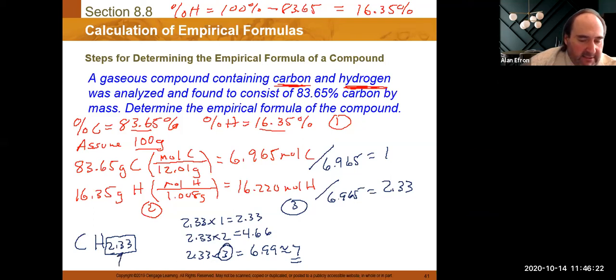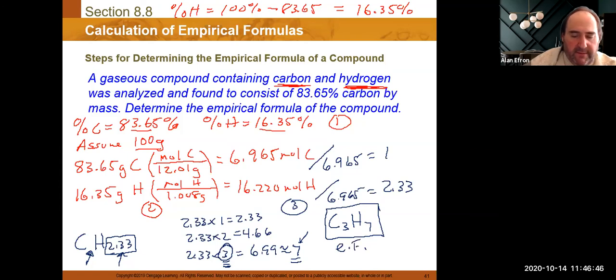Again, not just this one we need to multiply, but we need to multiply this one by it as well. And again, we're not multiplying by 7, we're multiplying by 3, which is the factor that we need. That would give us C3, 1 times 3, H 6.99, which is close enough to round to 7, and this would be our empirical formula.